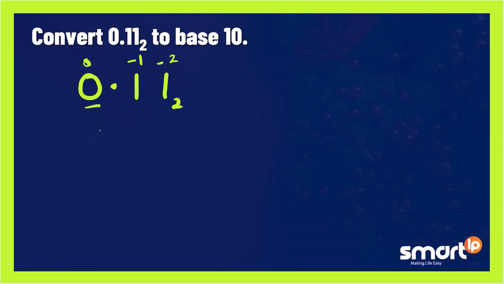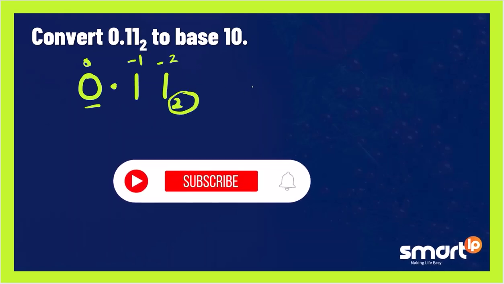The next thing we need to do is take these digits one after the other and multiply them by the base, which is base 2.